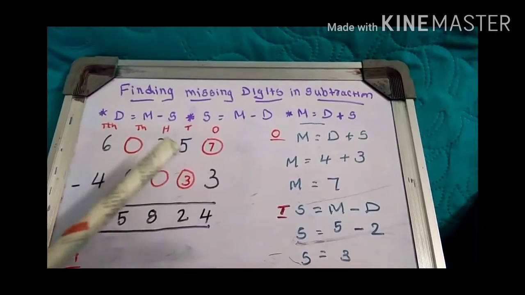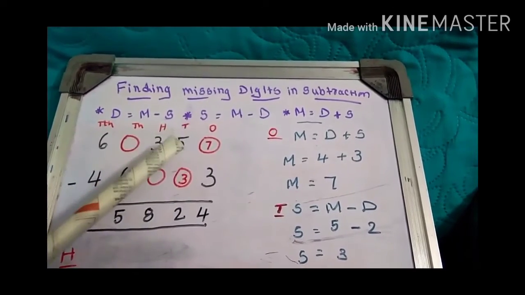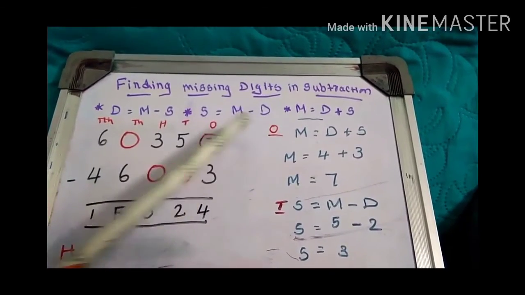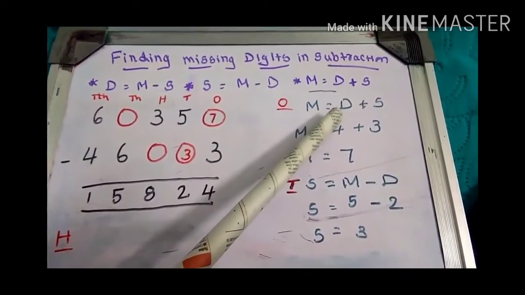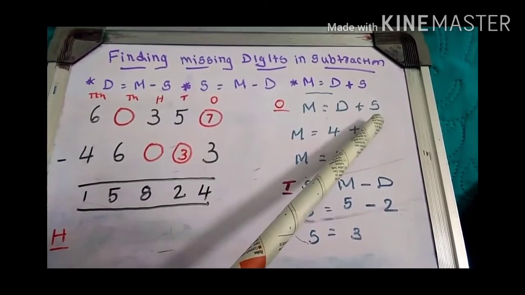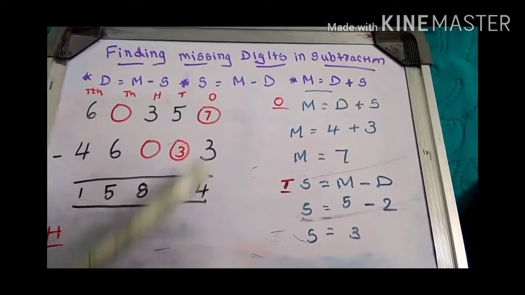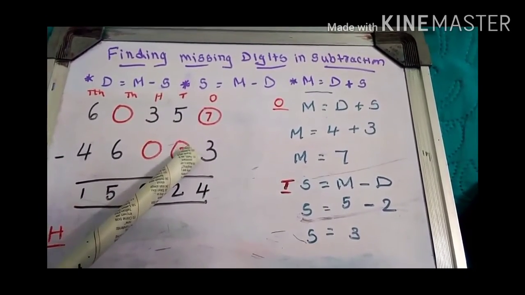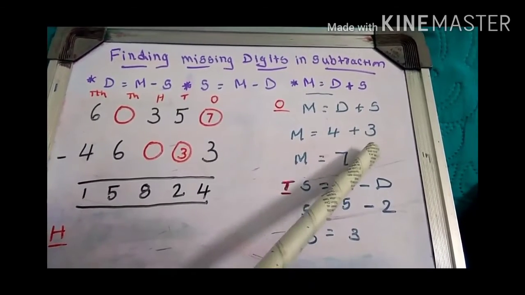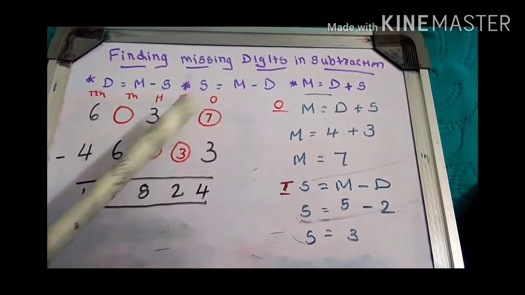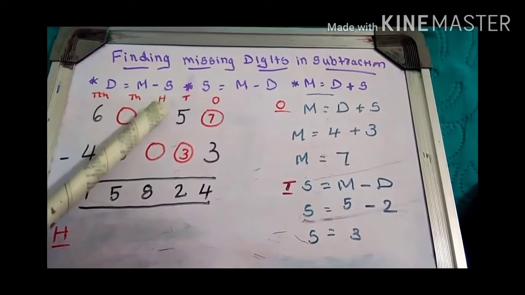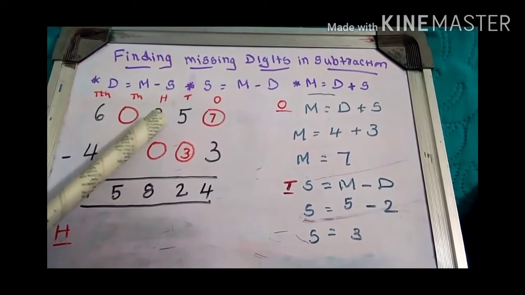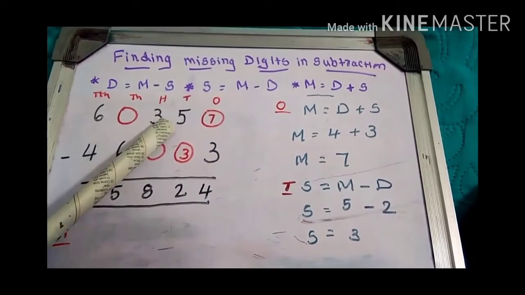So here, 6 and some number is missing, 357 and 46, and two numbers are missing here. How can you find it? The formula for the minuend is difference plus subtrahend.